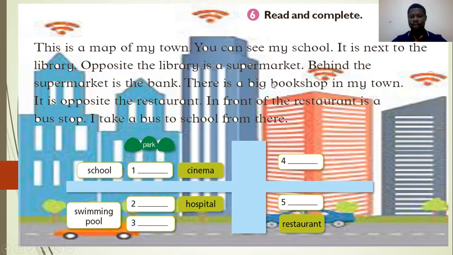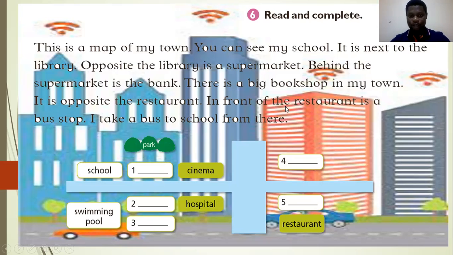There is a big bookshop in my town. It is opposite the restaurant. In front of the restaurant is a bus stop. I take a bus to school from there.